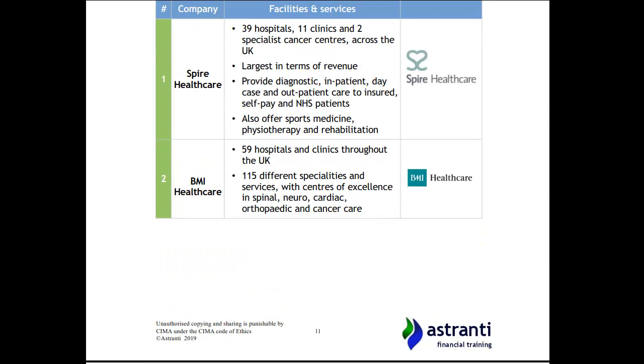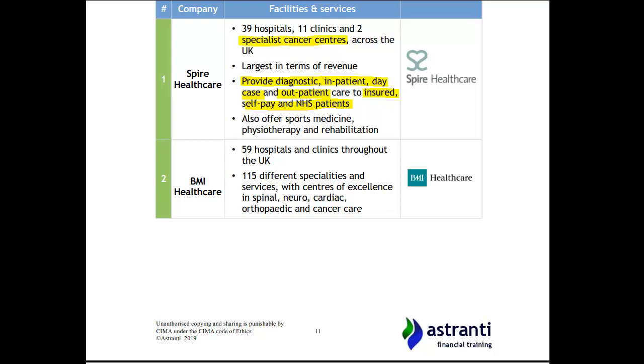So Spire Healthcare, for example, provide diagnostic, inpatient, day case and outpatient care, and they cover patients that are being funded through many different means, so insured, self-pay and National Health Service patients. What's also interesting is the fact that they've got a specialist service, so a specialist centre that's specifically treating oncology patients, so those patients that have been diagnosed with cancer.